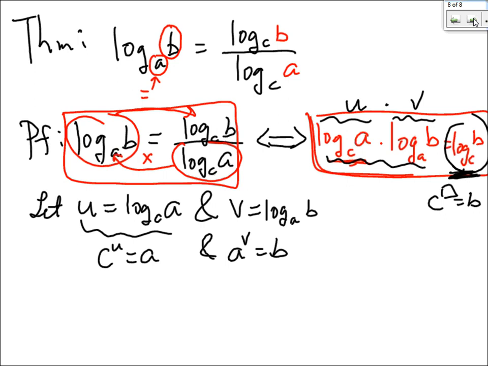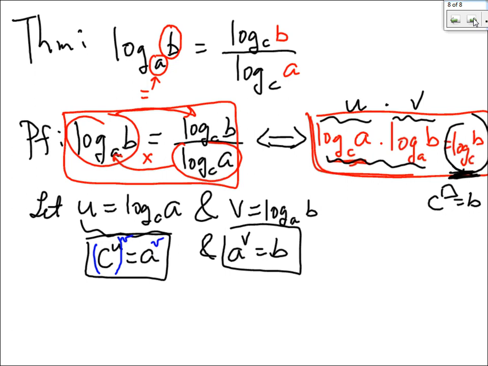Now, I have c to a power equals a, so I don't have c to a power equal b, but I know a to a power that equals b. So what I'm going to do is raise both sides to the v power.